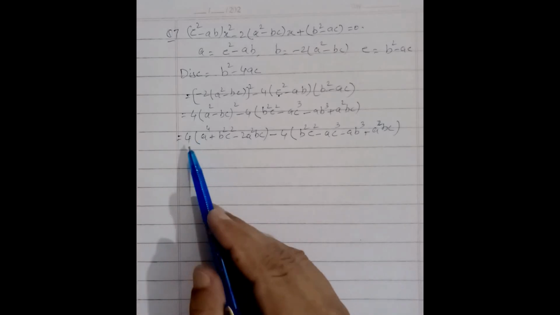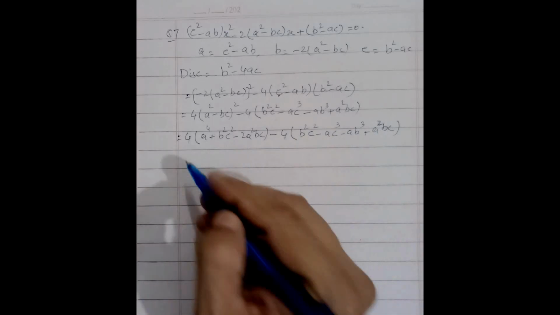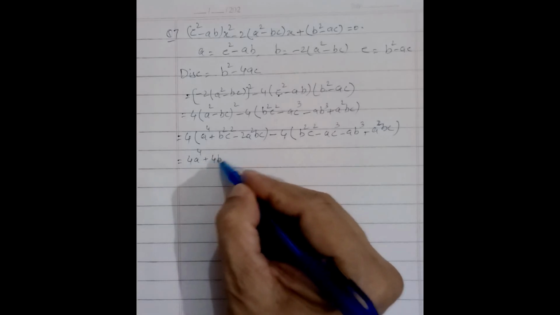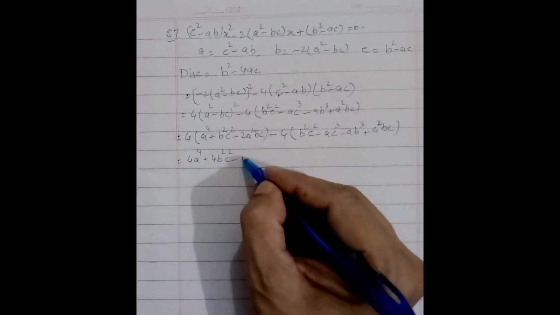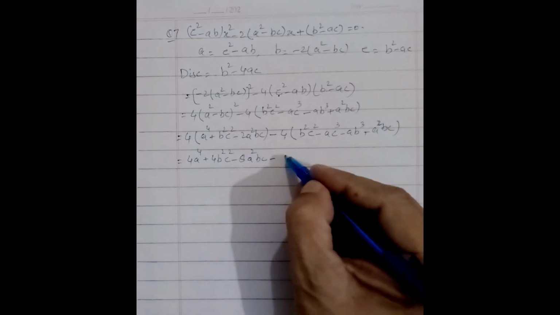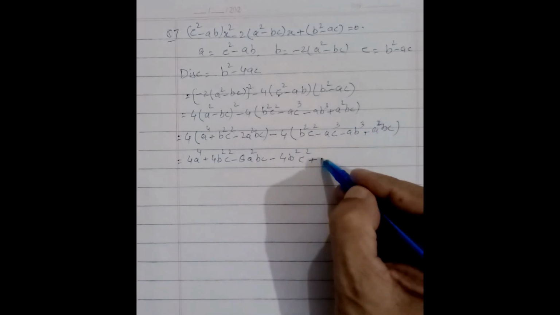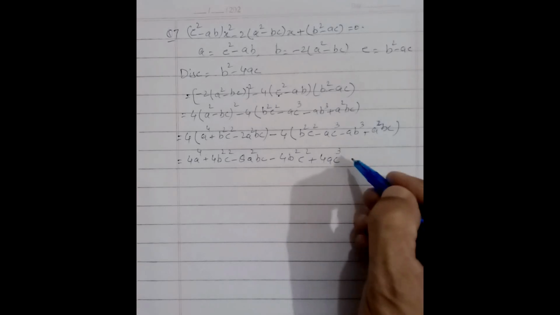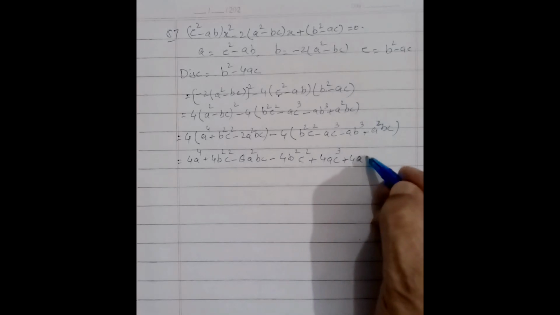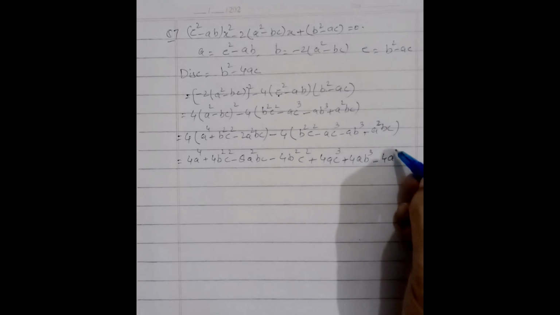Now we multiply 4 in this bracket and 4 also in this bracket, we get 4a⁴ + 4b²c² − 8a²bc − 4b²c² + 4ac³ + 4ab³ − 4a²bc.